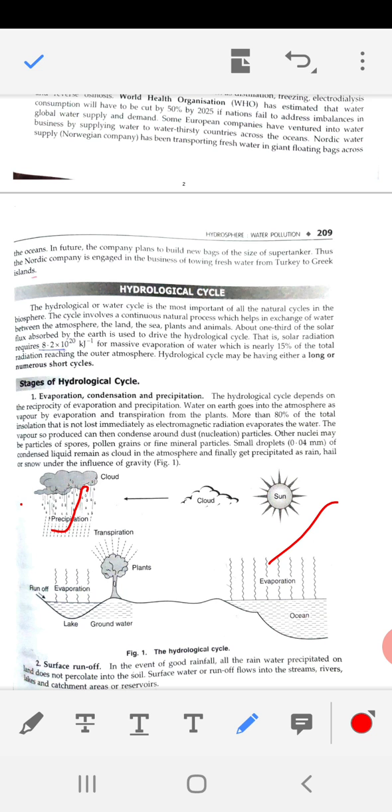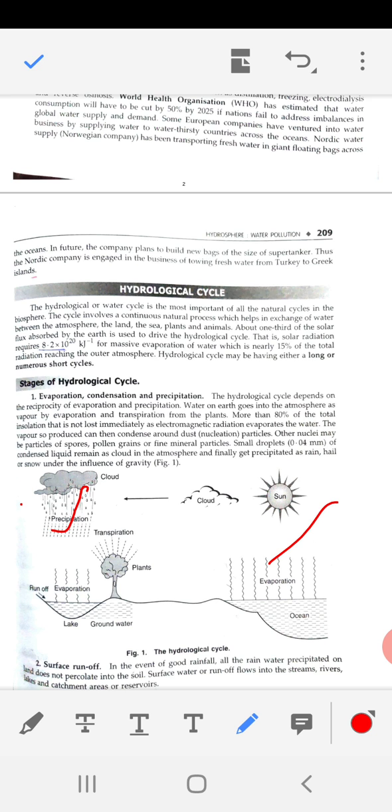The hydrological cycle depends on the reciprocity of evaporation and precipitation. Water on the earth goes into the atmosphere as vapor by evaporation and transpiration from the plants, as you can see in figure 1. More than 80% of the total insolation that is not lost immediately as electromagnetic radiation evaporates the water.